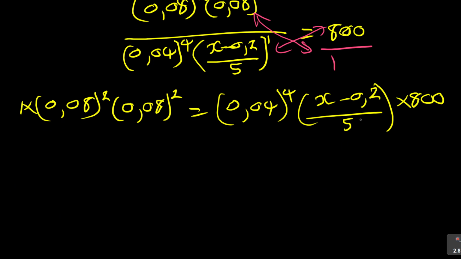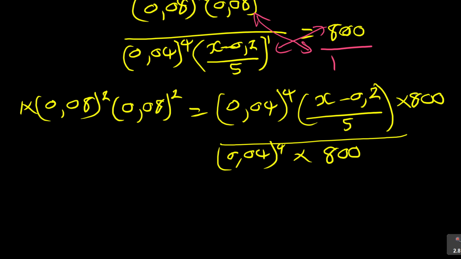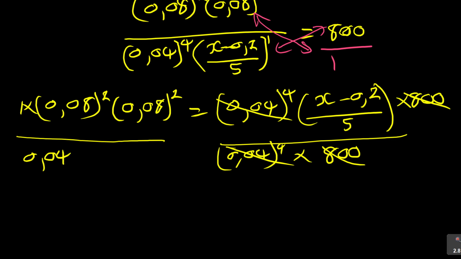Then at this stage, I'm interested in this, so I can divide by 0,04 to the power of 4 times 800. See what I'm doing? So that this is gone. But what you do on the left, do on the right: 0,04 to the power of 4 times 800. Are you with me?